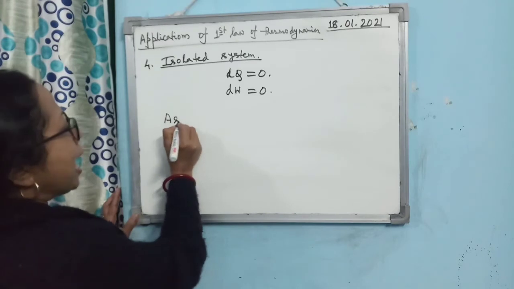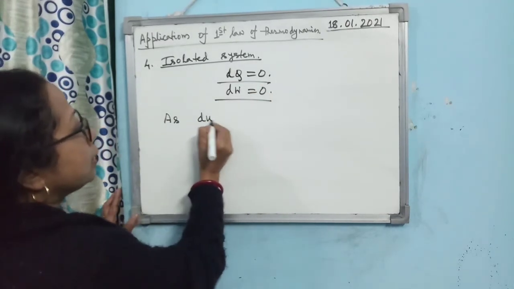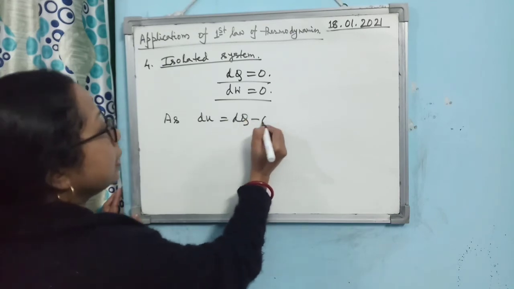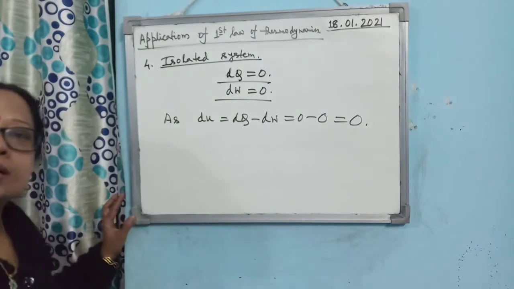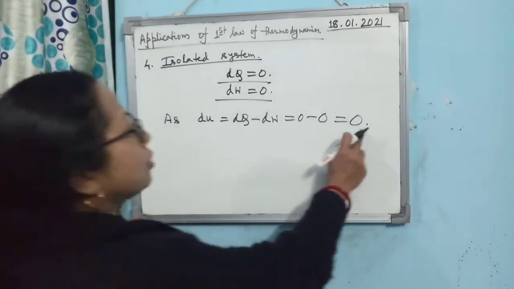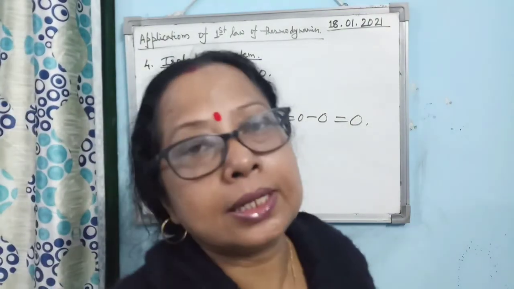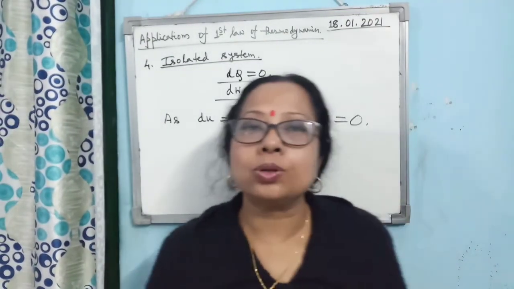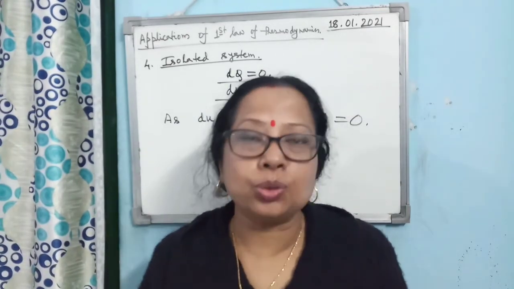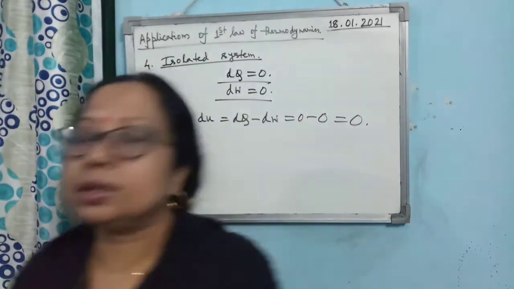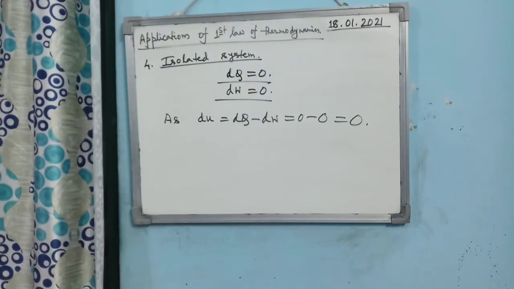As dQ is 0 and dW is 0 for an isolated system, dU is equal to dQ minus dW, so the change in internal energy of the system is also 0. According to the first law of thermodynamics, for an isolated system, dQ, dU and dW are all three 0.